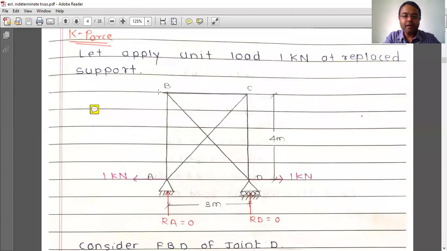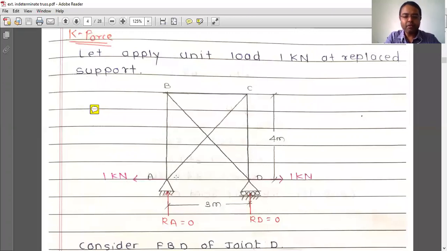of horizontal force. Just at joint D, we have applied a horizontal force which is going towards right. That's why, to balance this structure at A, there must exist a horizontal reactive component of magnitude 1 Newton going towards left side.